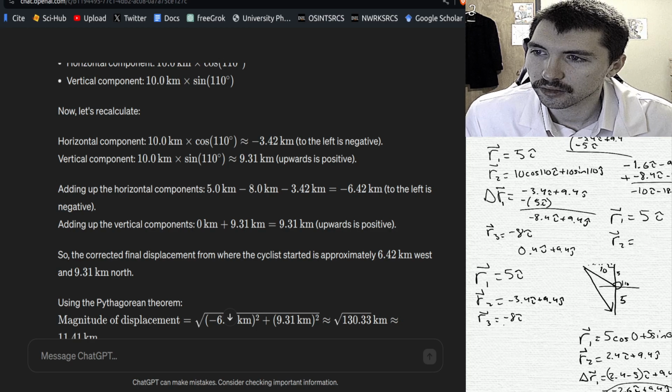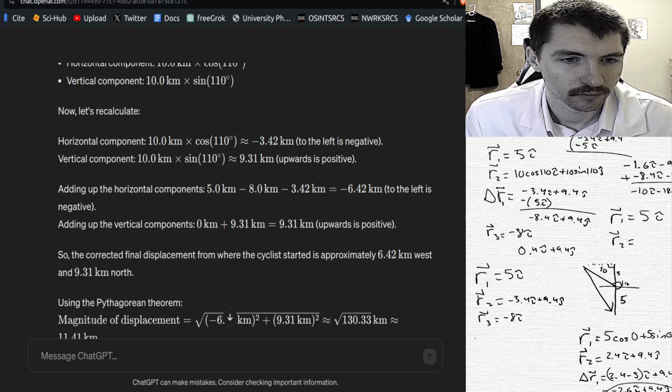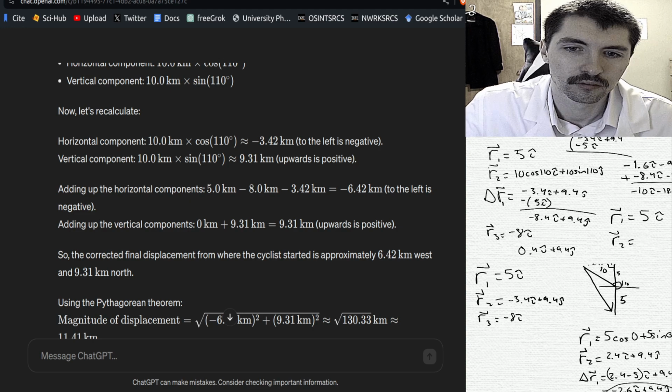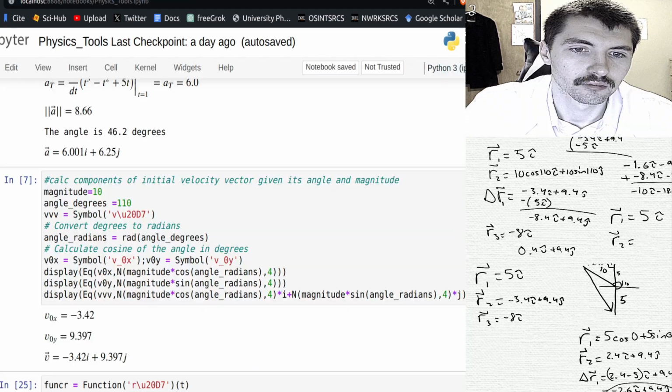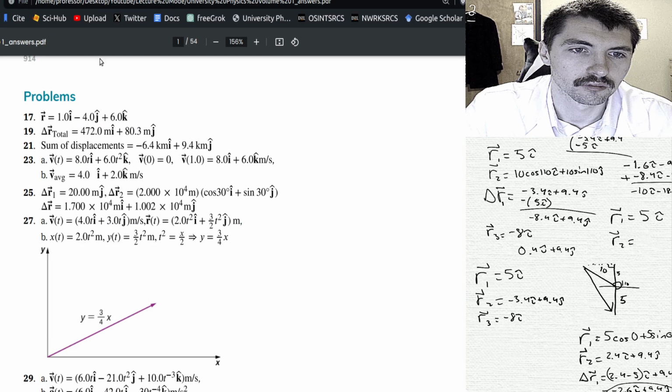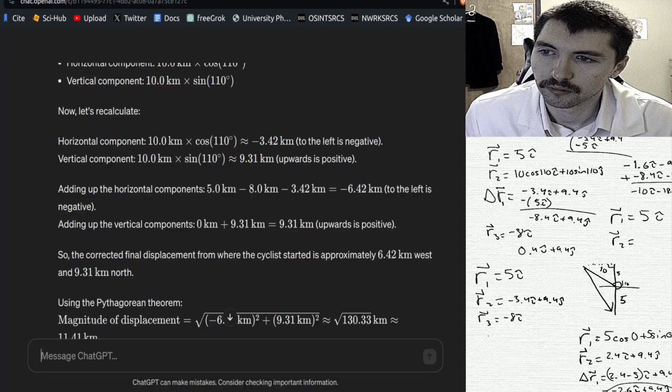So it's adding these up together. So they add these.